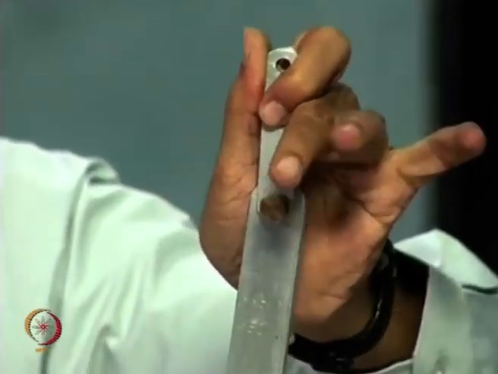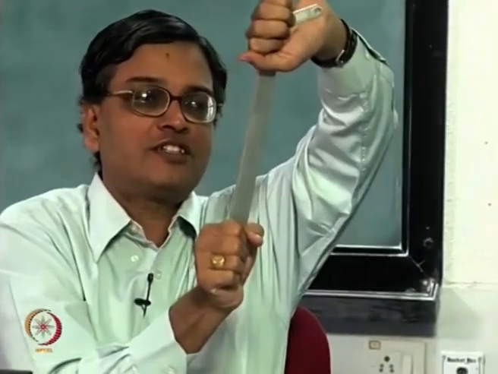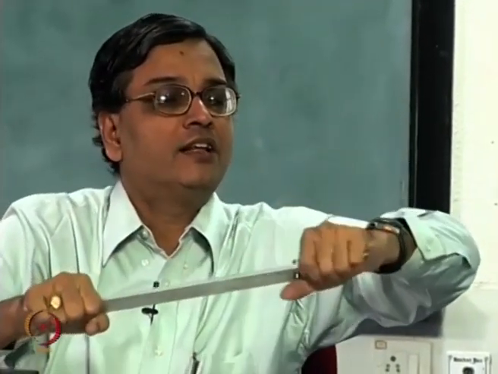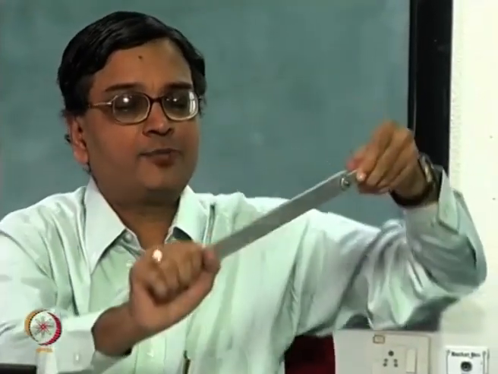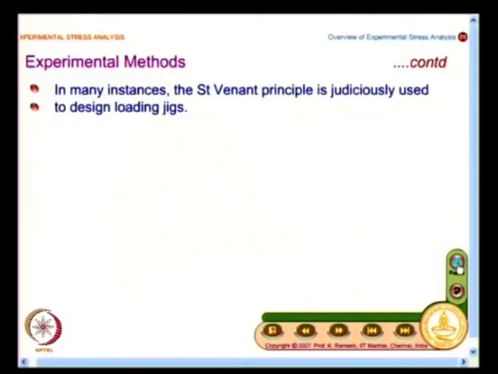But our interest is that I want to have axial force in this member, which could be done in numerous ways. One way is putting a pin and sling and then pulling it, another is putting a grip and doing it. So, I am not really solving the problem as it occurs in actual practice, and this is where you need the famous Saint-Venant principle. In many instances in designing loading jigs, you use Saint-Venant principle.